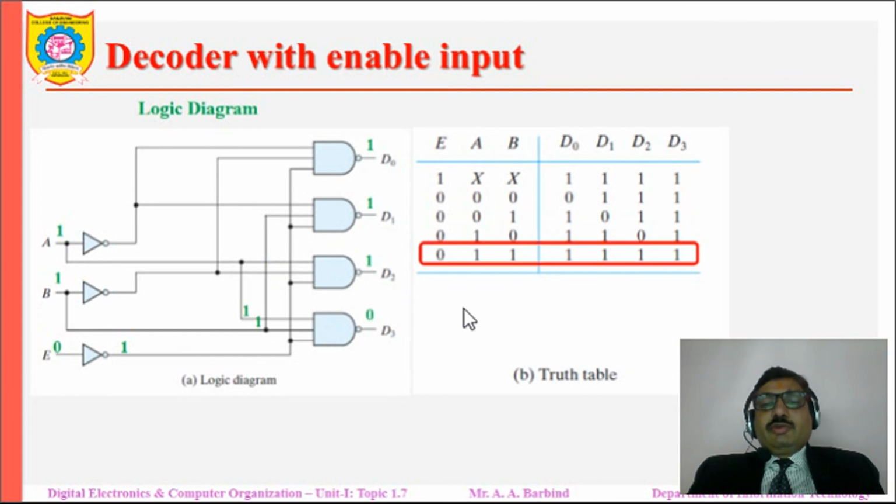And finally for 1 1, the fourth NAND gate will have the inputs 1 1 1, so its output will be 0, while rest of the NAND gates will have the output 1. Okay, so this is how we can construct a 2 is to 4 decoder with enable input.